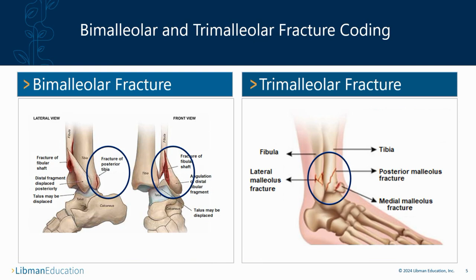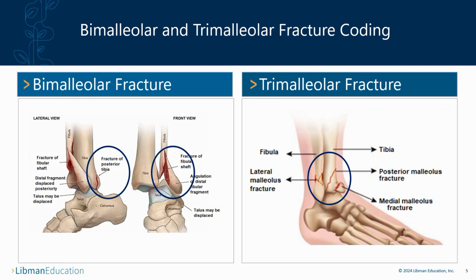On the left-hand side, the bimalleolar fracture is shown. It is a bimalleolar fracture because two malleoli are fractured, one of each bone. They are the lateral malleolus of the fibula and the posterior malleolus of the tibia.